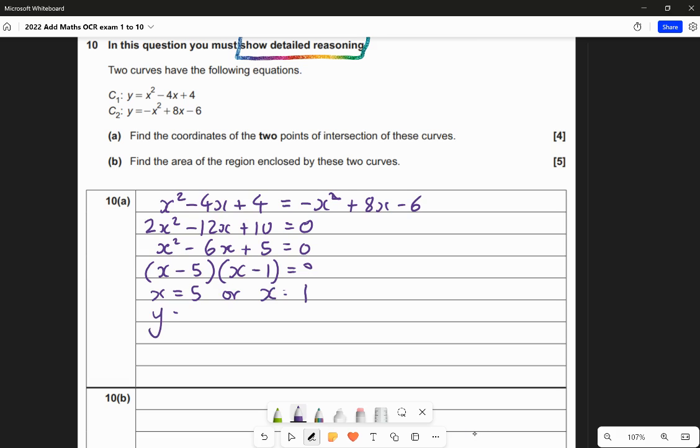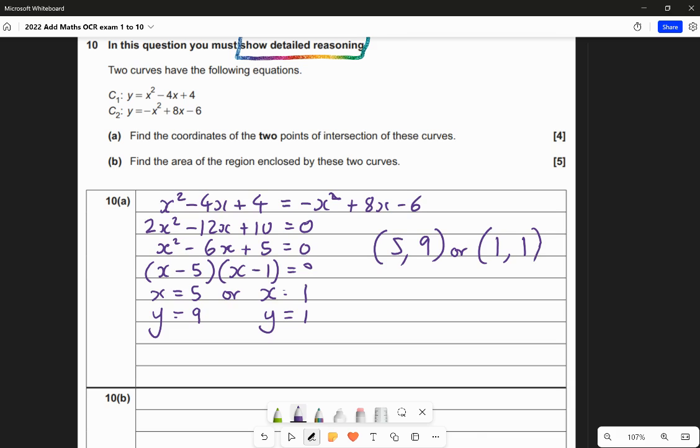When x is 5, y is 9. I simply substitute 5 into either of the equations. And when x is 1, y is 1. So my solutions are 5, 9, and 1, 1. Those are the 2 points of intersection of the curves.